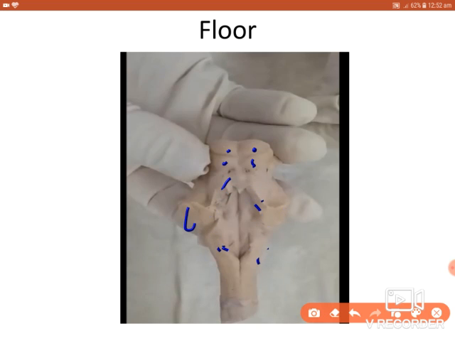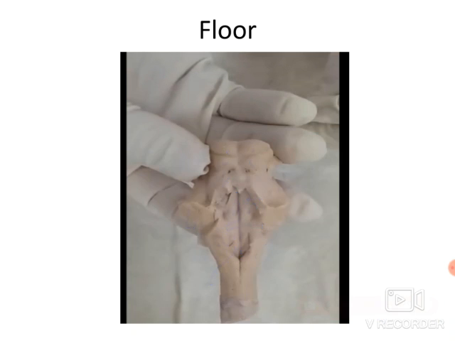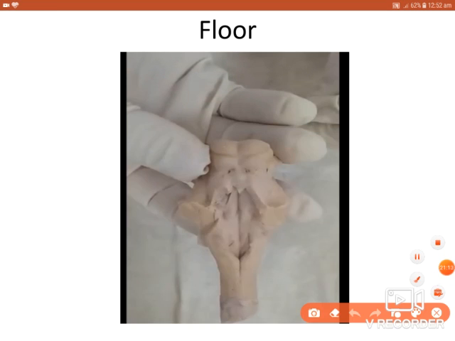Here you can see the median sulcus, facial colliculus, median eminence, striae medullaris. There you can see the hypoglossal triangle, and here the vagal triangle. That's all about the boundaries and features of the floor of the fourth ventricle.